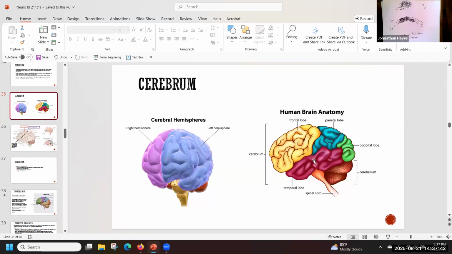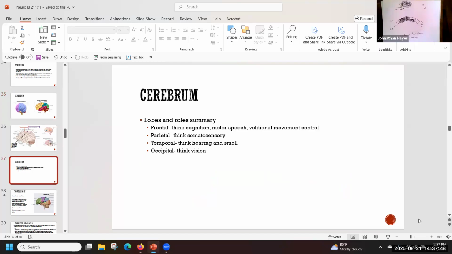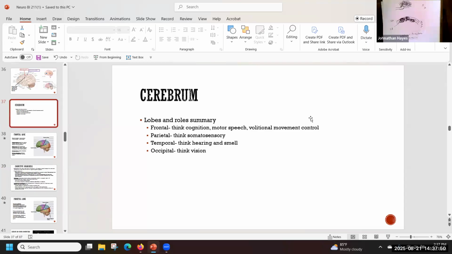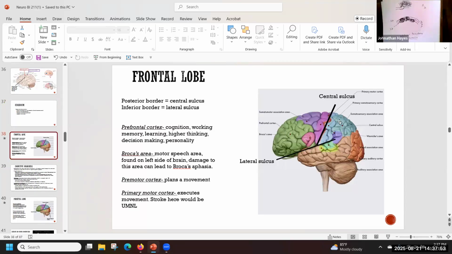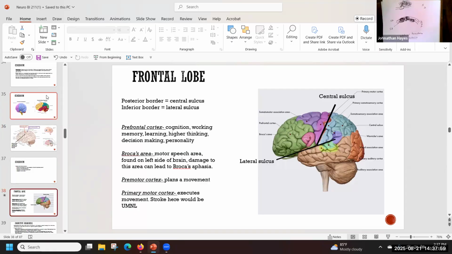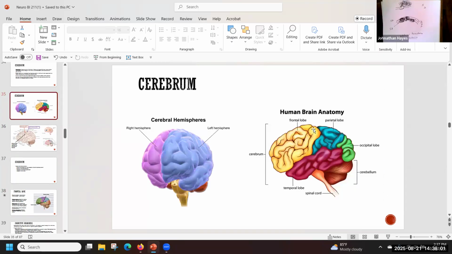I've outlined them for you. Why is the precentral gyrus called the precentral gyrus? Why is the postcentral gyrus called the postcentral gyrus? Because the space that sits between my frontal lobe and my parietal lobe is a deep depression.